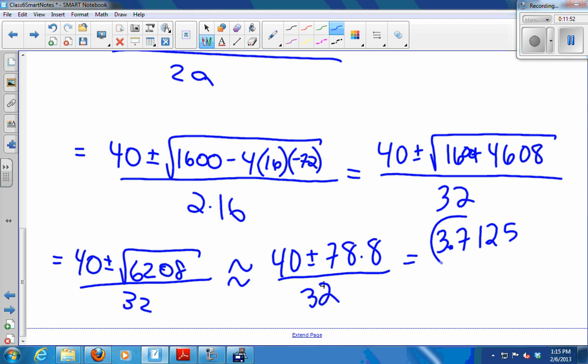And since I'm dealing with time, I only want to give the positive answer. So about 3.7 seconds for the ball that we throw upwards to get down to 24 feet. How's that? All right.